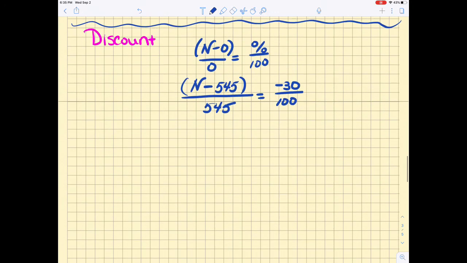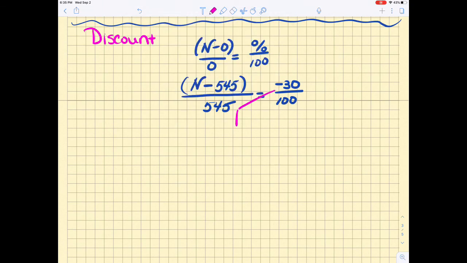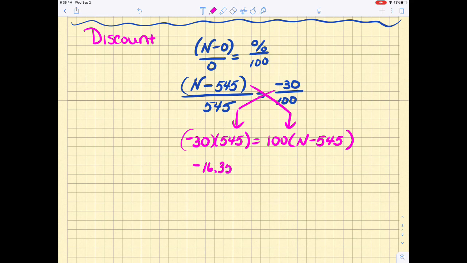Now I'm going to do the arithmetic. I'm going to do the algebra. I'm going to cross multiply. So negative 30 times 545 equals 100 times the quantity N minus 545. Let's simplify each side of the equation. So on the left side, we'll have negative 16,350. I did use a calculator for that. On the right side, I'm going to distribute that 100.